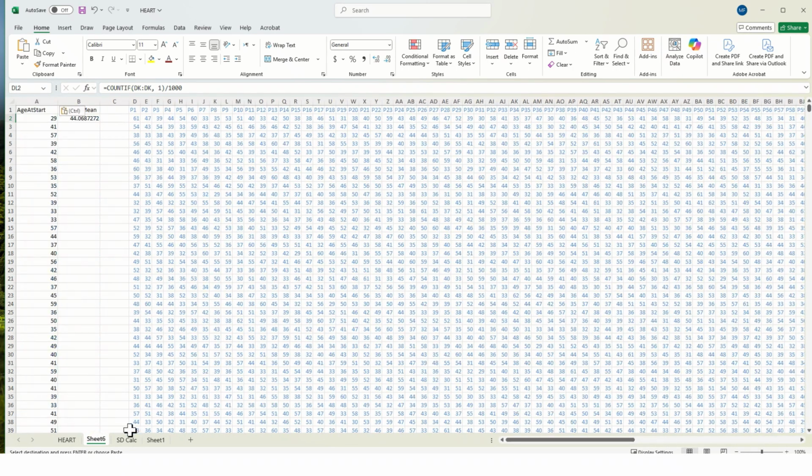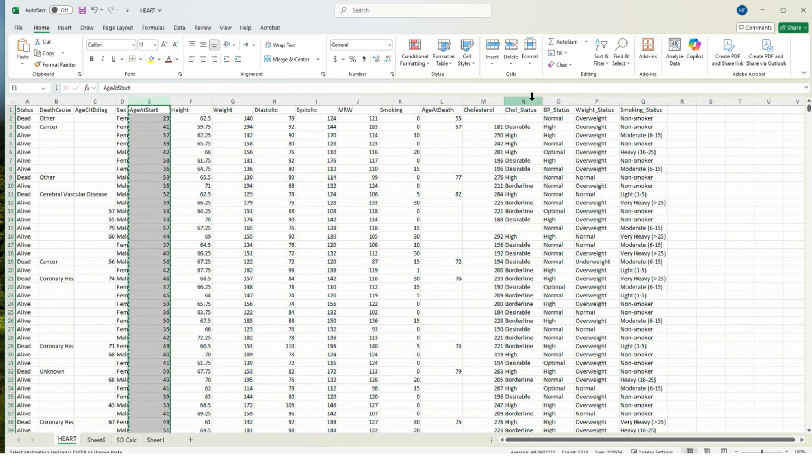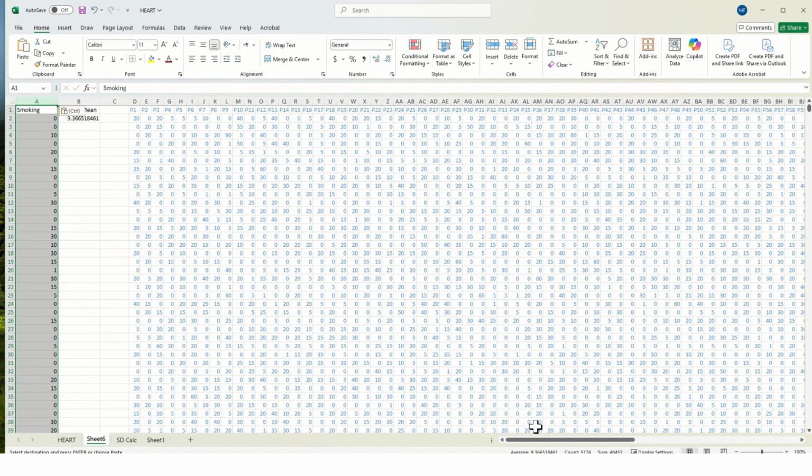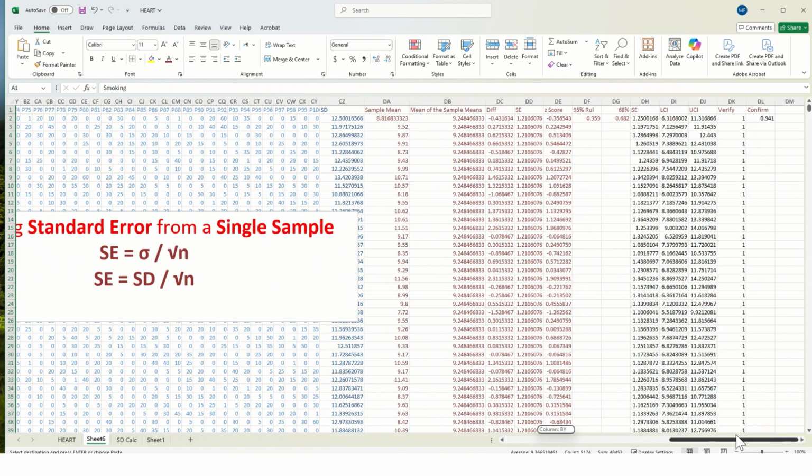Let's try with one more, maybe with the smoking status. And we see that again, very close to 95%, we were able to capture the true mean within the confidence interval.